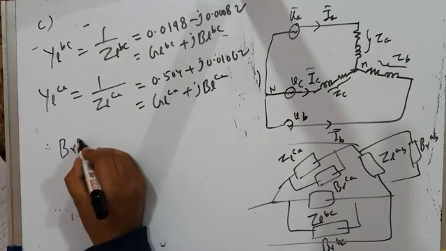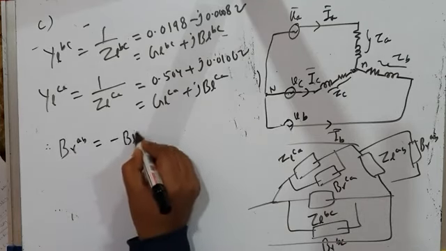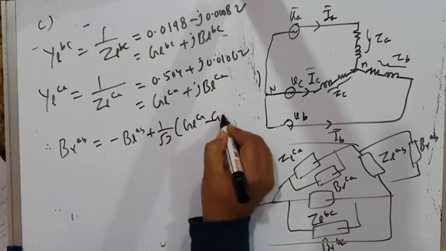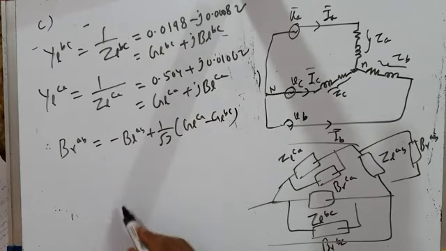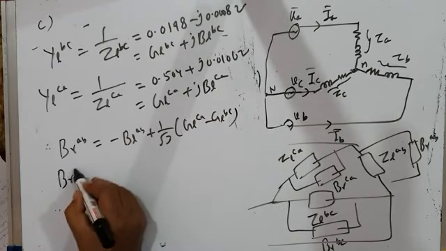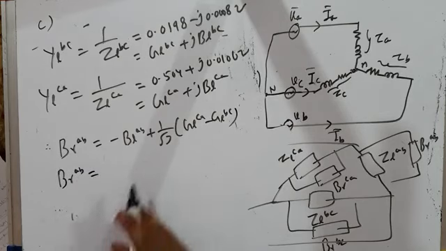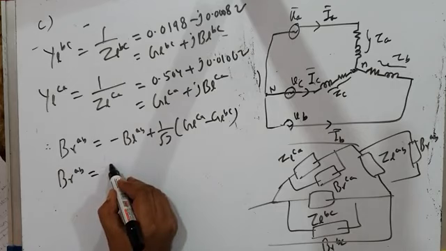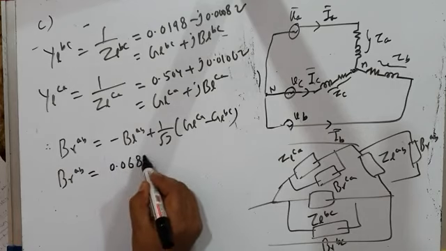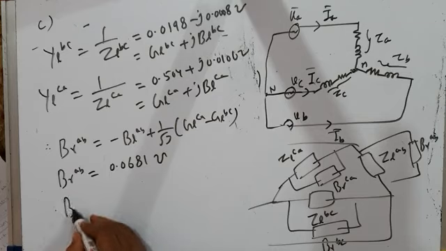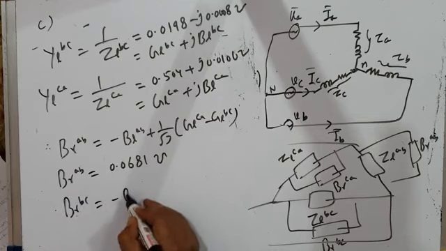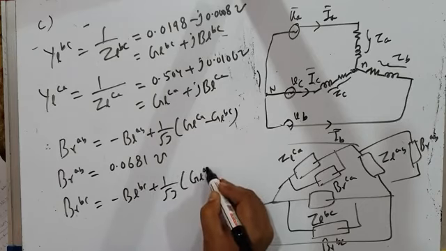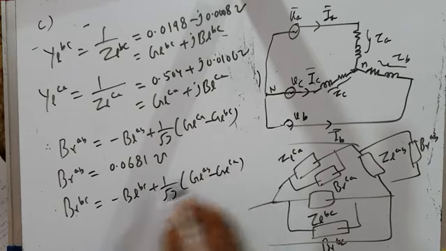And what is B gamma AB? B gamma AB is minus BLAB plus 1 by root 3 times GLCA minus GLBC. We calculated all these values above. Substitute, and you will get the compensator susceptance B gamma AB, the admittance of this branch, as 0.0681 mho. Similarly, B gamma BC is minus BLBC plus 1 by root 3 times GLAB minus GLCA. Substitute various values.